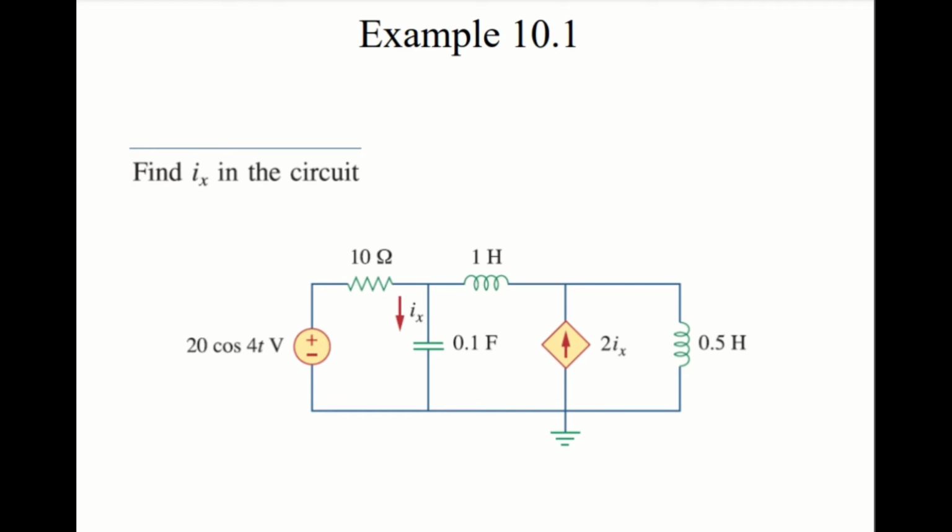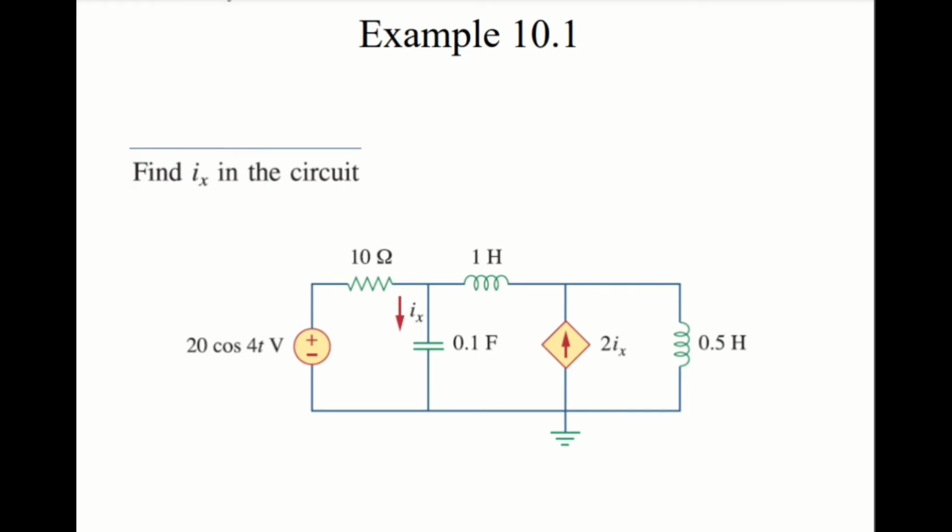Okay, let's look at example 10.1. You are given this circuit consisting of a voltage source, a dependent current source, and we have an inductor, a capacitor, and a resistor. The question asks to find Ix in the circuit, which is over here, and this dependent current source depends on this Ix over here.